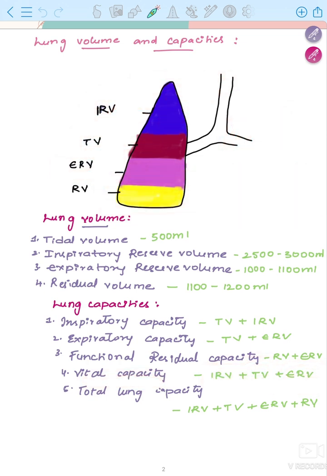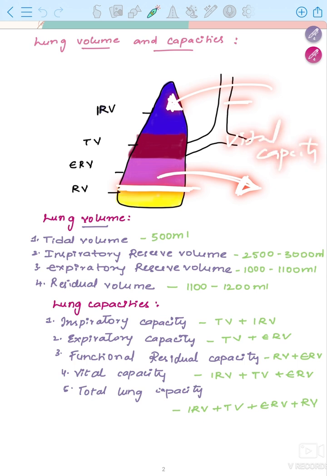Now another thing is, after forceful expiration, this is the volume of air remaining in the lung, right? After forceful expiration, the maximum volume of air which can be inspired is also known as vital capacity.